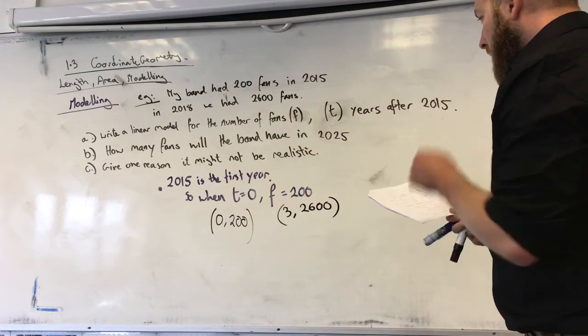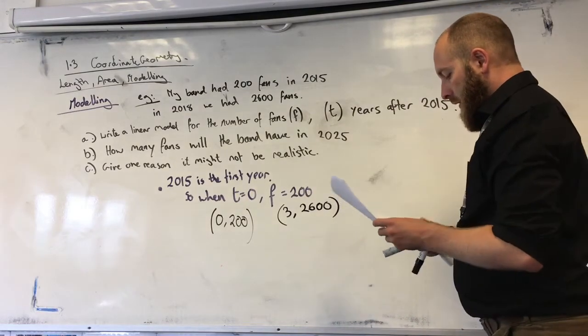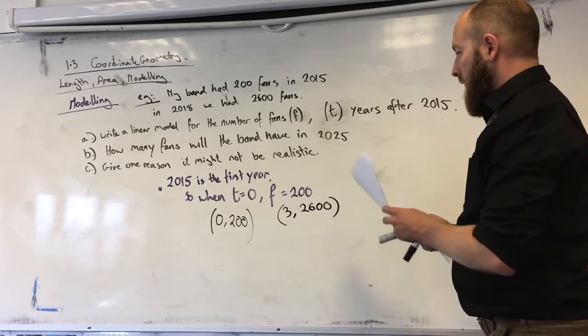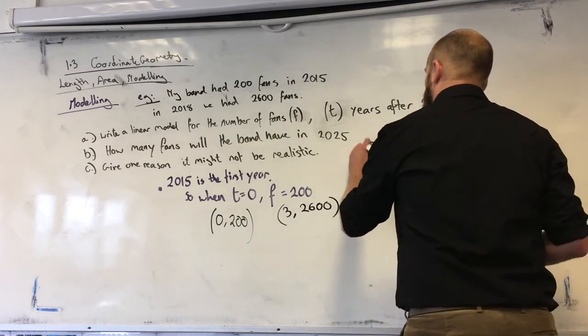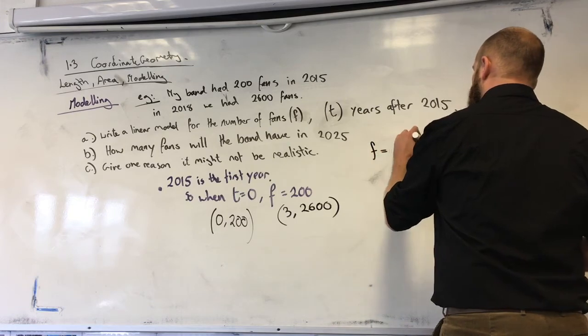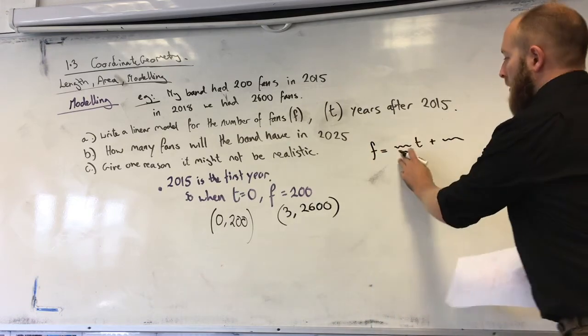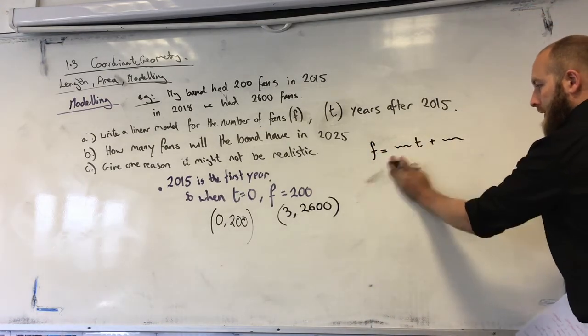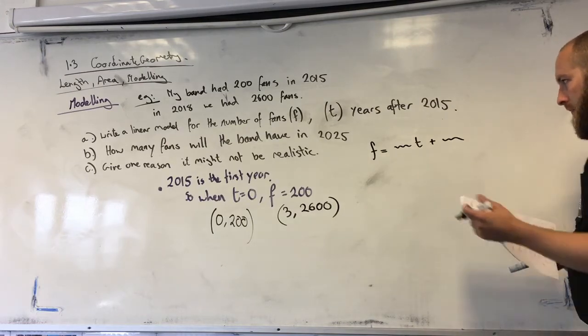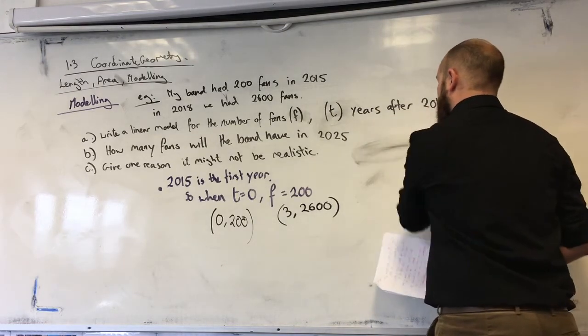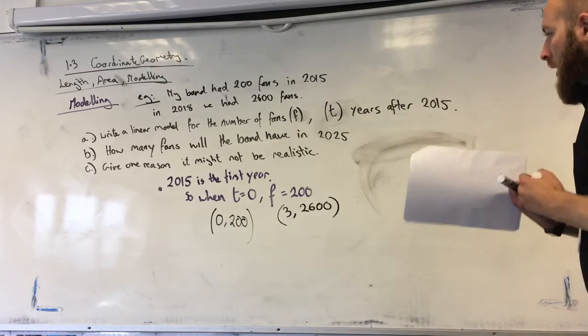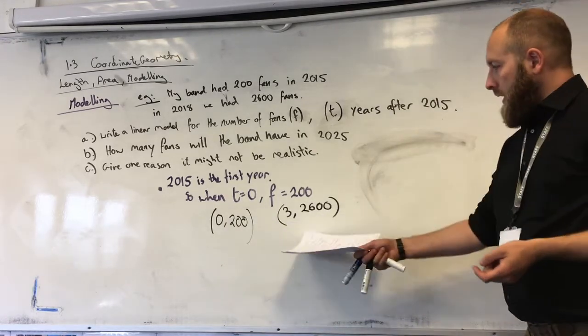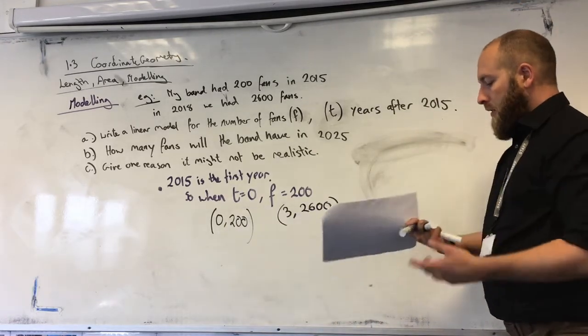Cool. So first thing I want to do is work out the gradient so we can come up with an equation for f equals something t plus something. We're trying to work out the gradient and the y-intercept for this equation. We can work out the gradient by doing y2 take y1 over x2 take x1, like we had before.